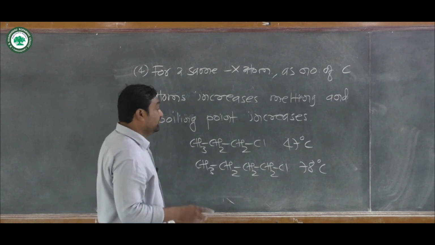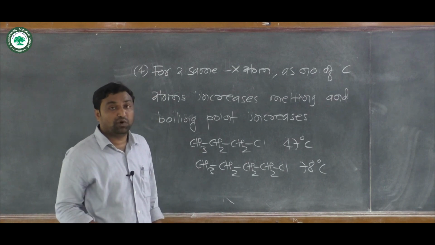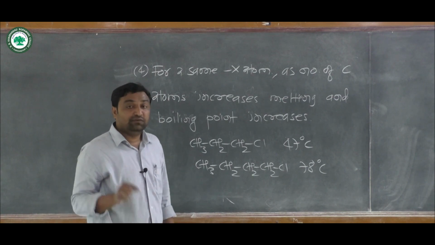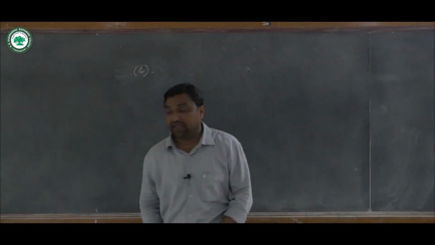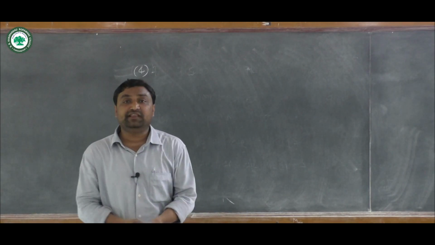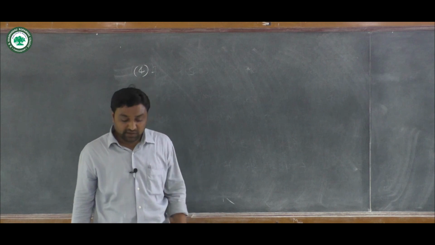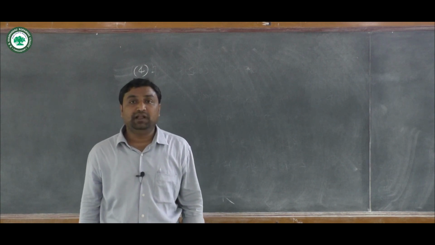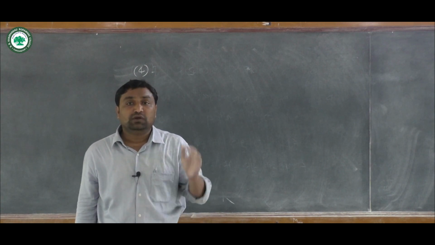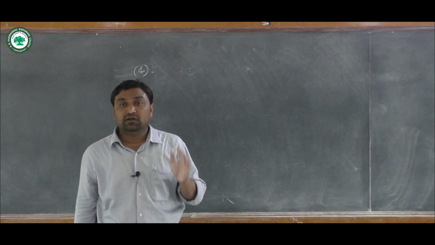Now, the last and most important property of alkyl halides is that as branching increases, the boiling point or melting point decreases.